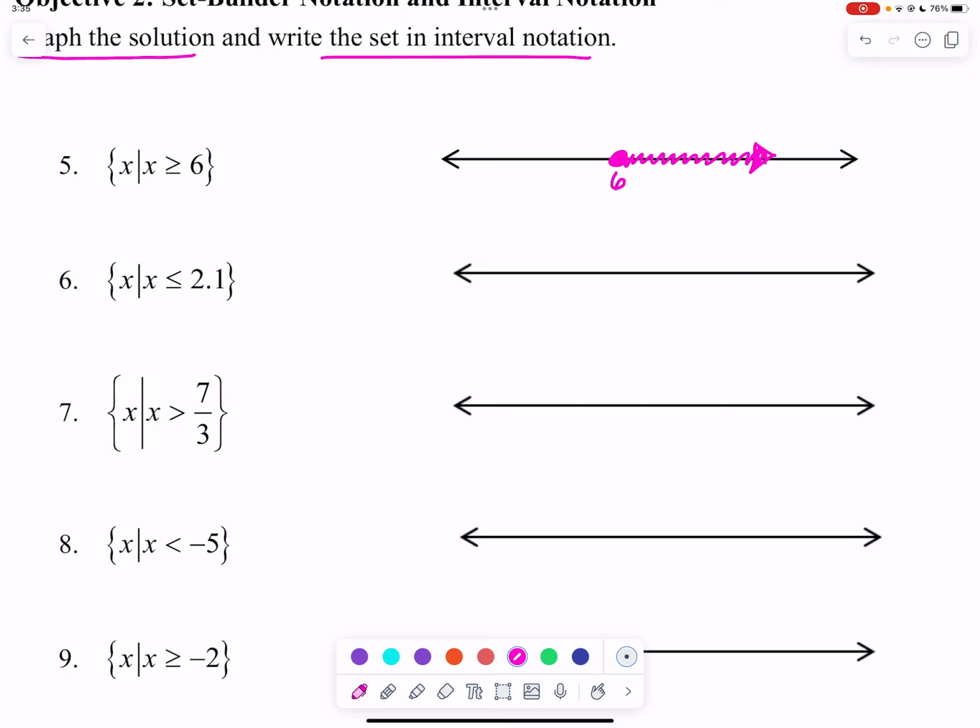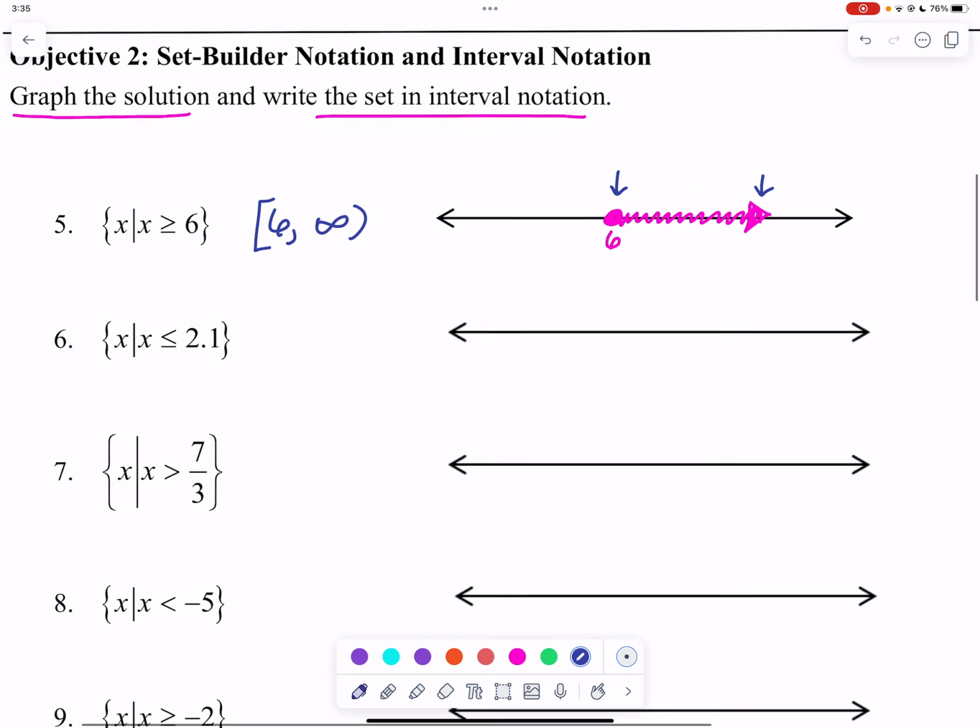So we have boundaries with interval notation. Our left bound is a 6. Our right bound is infinity. We always use parentheses with infinity, and we will use a bracket because we will include the point.